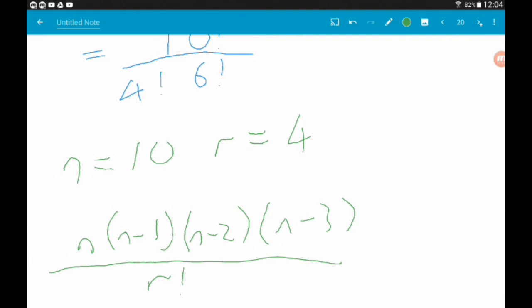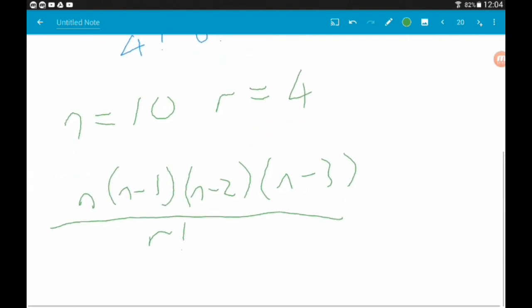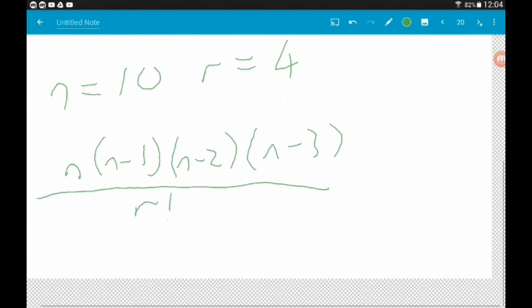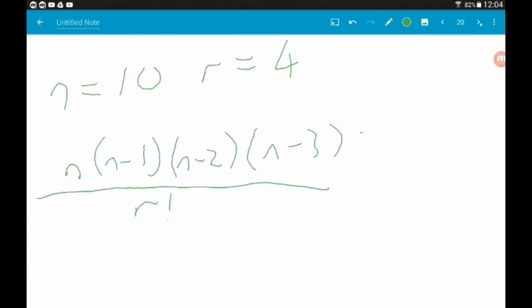Now what do we then multiply the top and bottom by? Well, we then multiplied by 6 factorial. Now, in terms of our n and r here, we multiplied by n minus r factorial on the top and on the bottom.